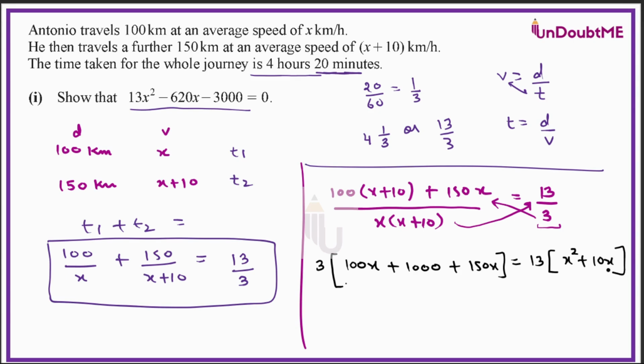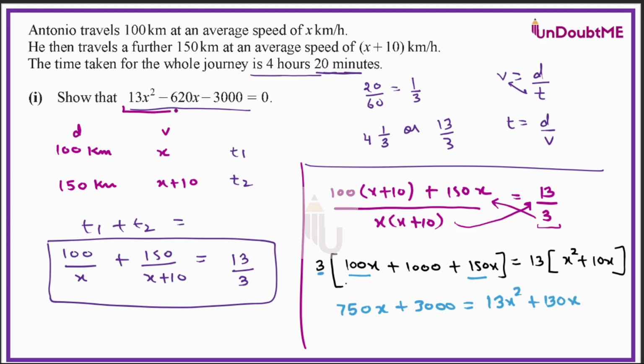Okay, till here I hope everyone is fine. Now comes the next step, where 100x and 150x make 250x, times 3 will be 750x. 3 times 1000 is 3000. On the other side we have 13x square plus 130x.